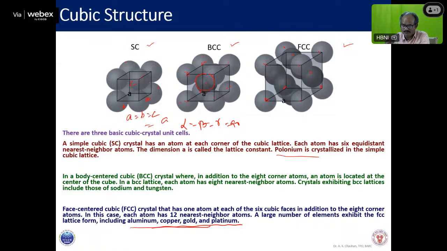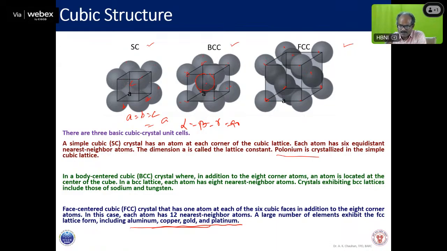Every system wants to attain the minimum possible energy. When the liquid becomes solid, a certain amount of heat of fusion will be released.